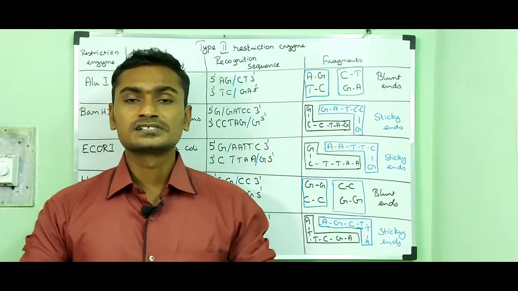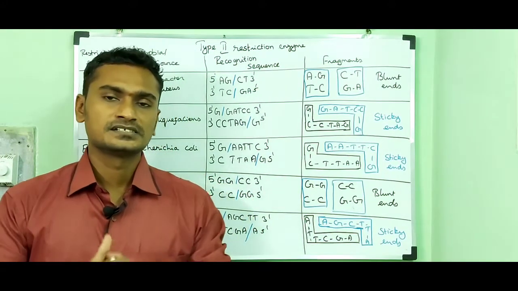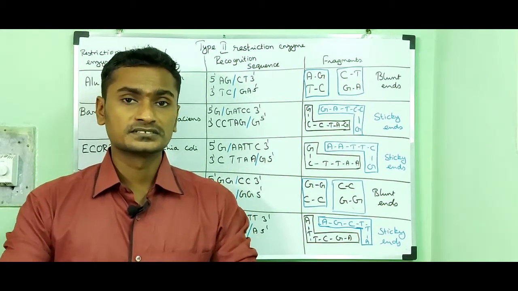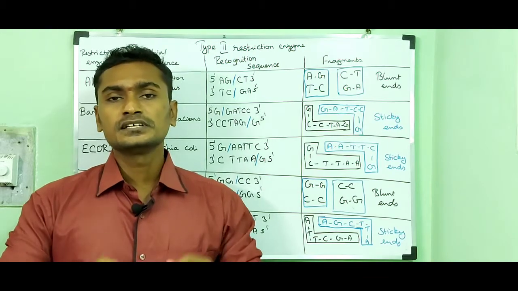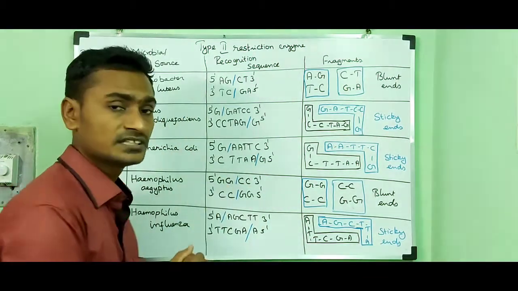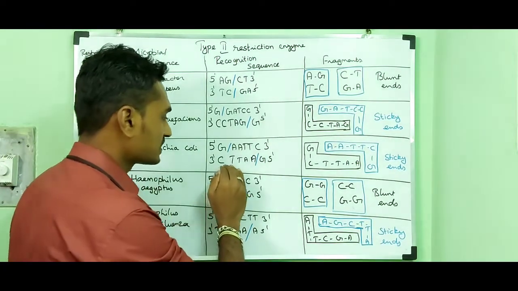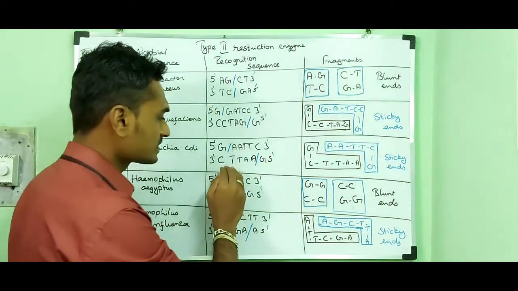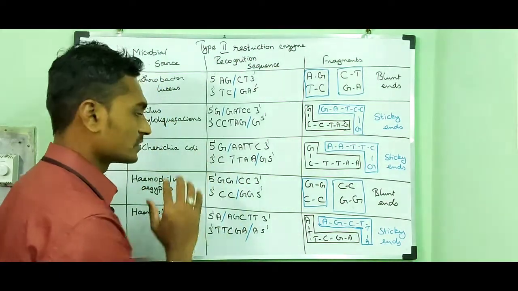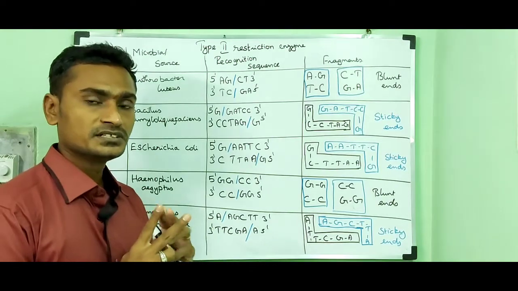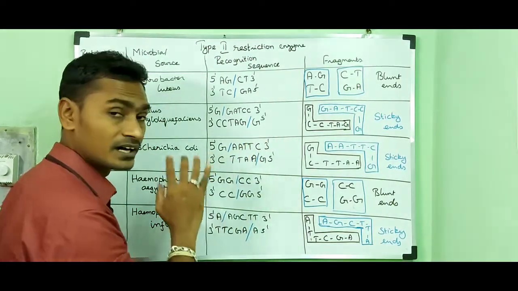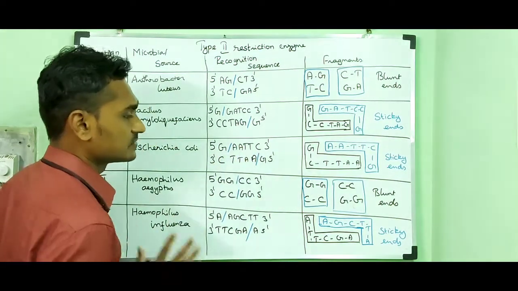This sequence is referred to as the restriction site, and restriction sites are generally palindromic in nature, which means the sequence of both DNA strands at the site reads the same.